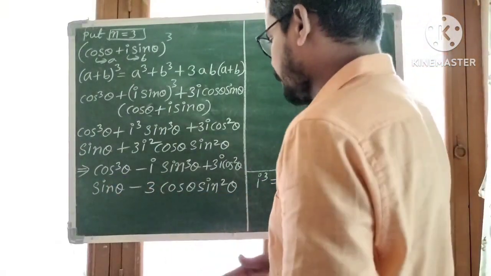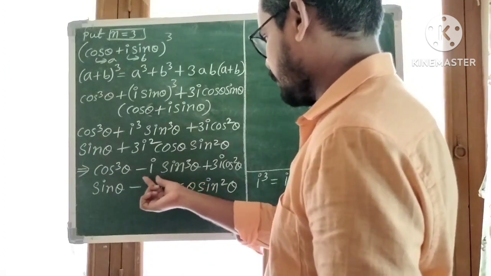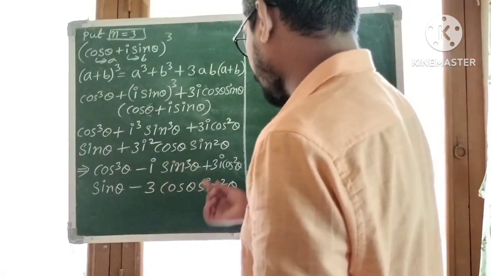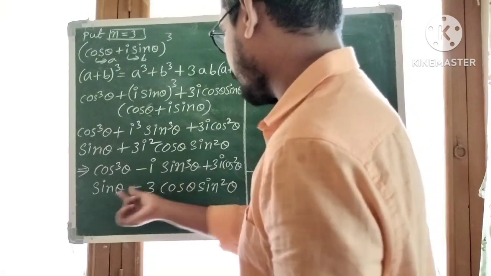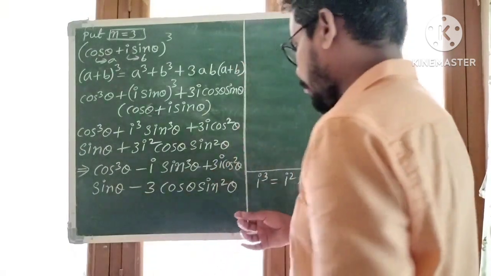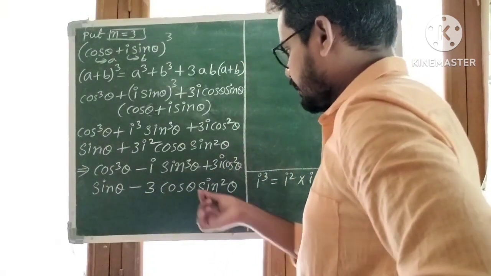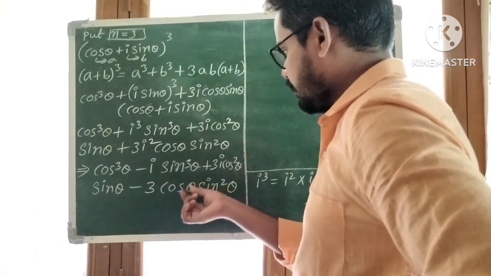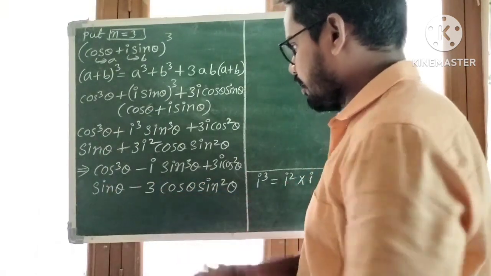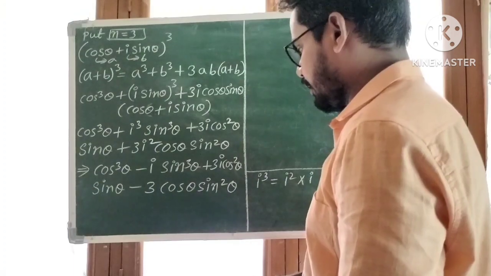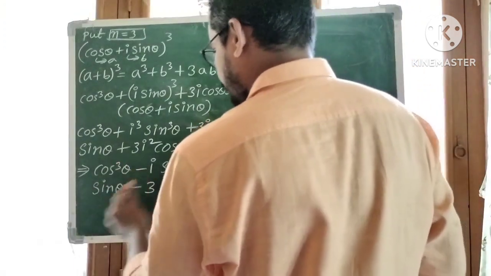Here we have cos cube theta, and here minus i sin cube theta, and here plus 3i cos square theta sin theta. Let us consider real parts and imaginary parts. So let us group real parts.